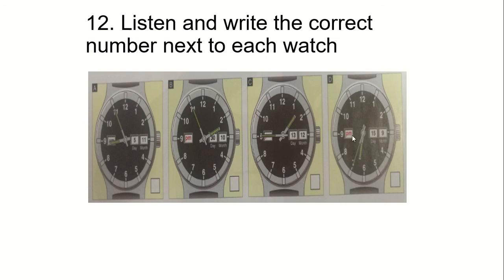And here we have PM. So you have to look at the time of each one. Look carefully at the clock and the hands of the clock. Okay, now after we have studied these pictures and looked at them carefully, let's listen and write the numbers 1, 2, 3, 4 in these squares.